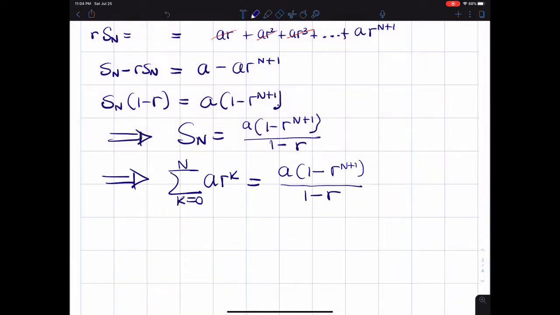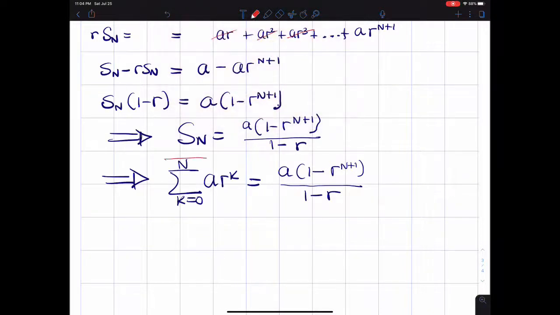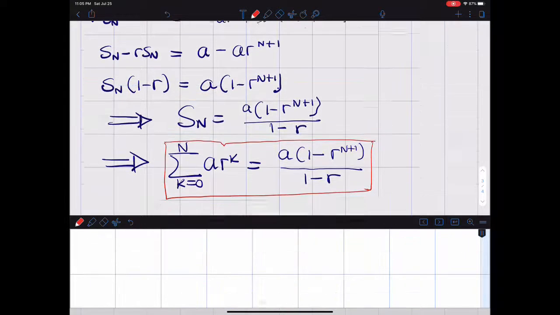This is a very good formula. All right, let's do some examples.